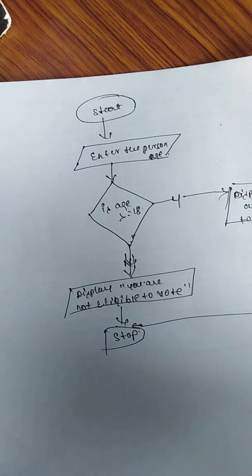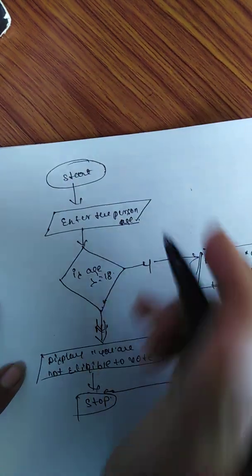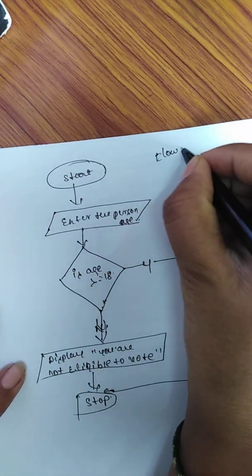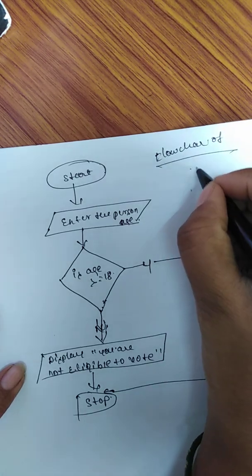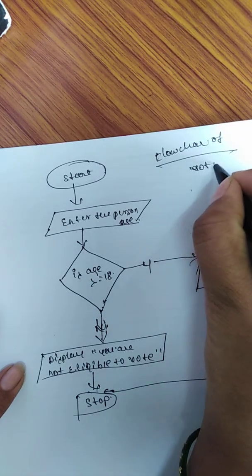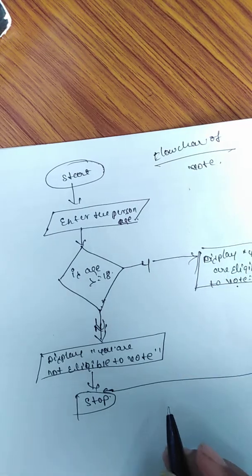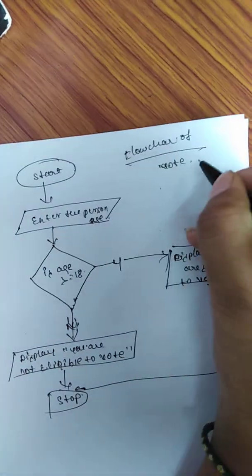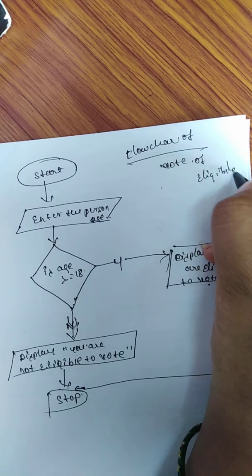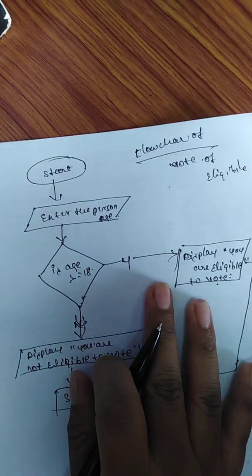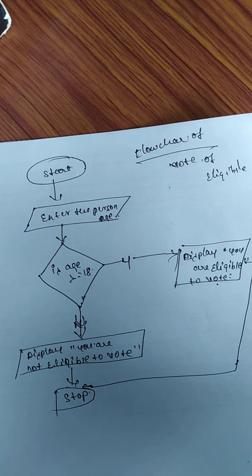This is your flow chart of age greater than or equal to 18, checking whether you are eligible for voting. This is the example of that one.